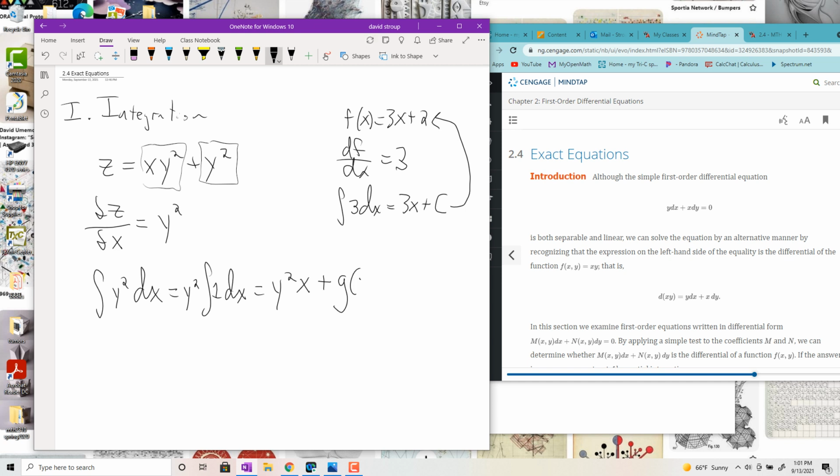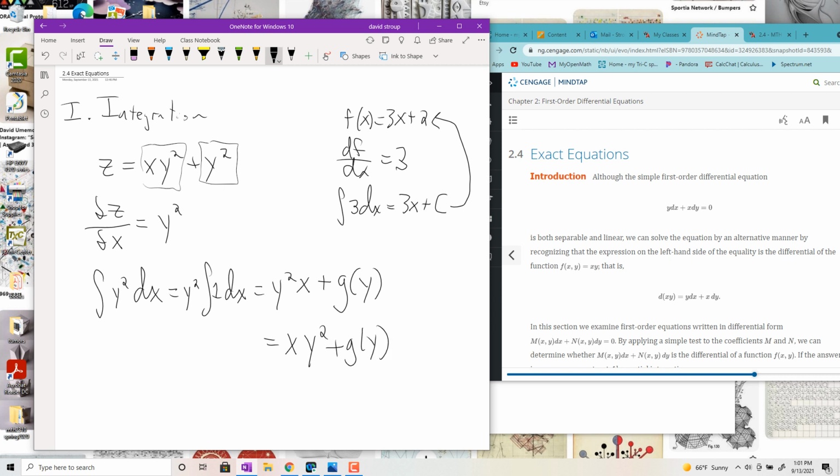So we're going to put g of y instead of just putting plus c. So if you integrate with respect to x, and you're dealing with a multivariable function, rather than going plus c, you just go plus some function of the other variable. Okay. So we have then, rewriting it with x in front, xy squared plus g of y.